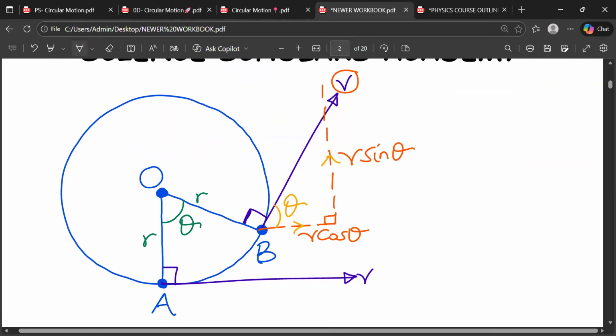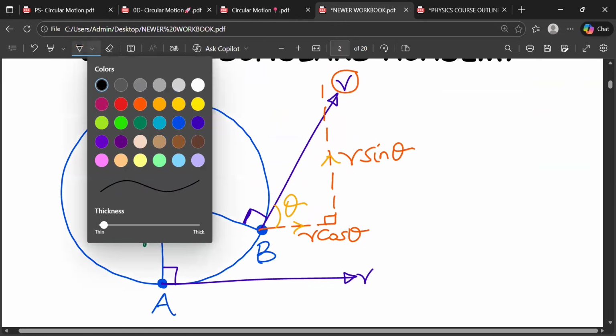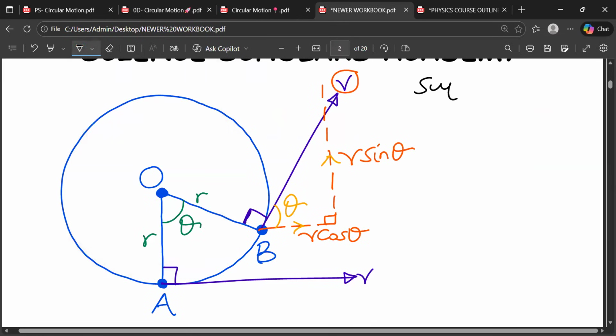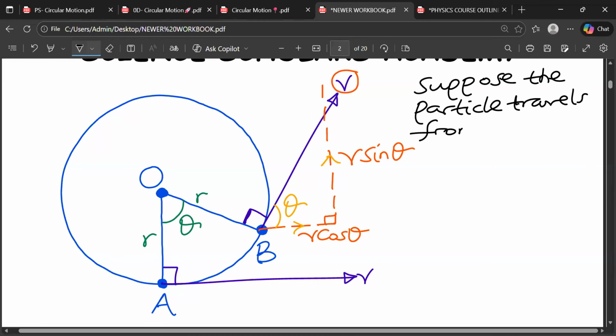So the other words that we use, do you people know them? I can just try to write them quickly so that people know what exactly is happening. So we are going to suppose the particle travels from a point A to B in time t.